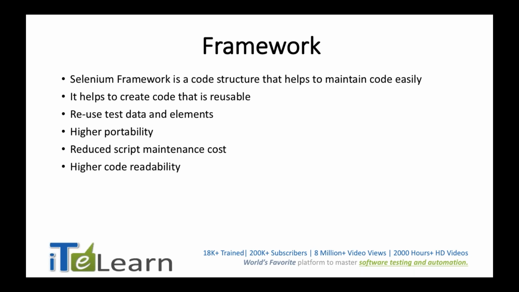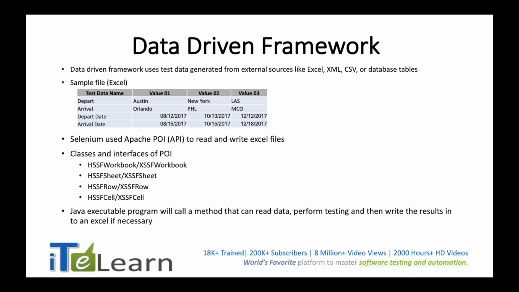As we said in the previous slide, you have to reuse the data and reuse the code in such a way that it is more optimum. That is why we use a framework. That is where a data driven framework comes into the picture.